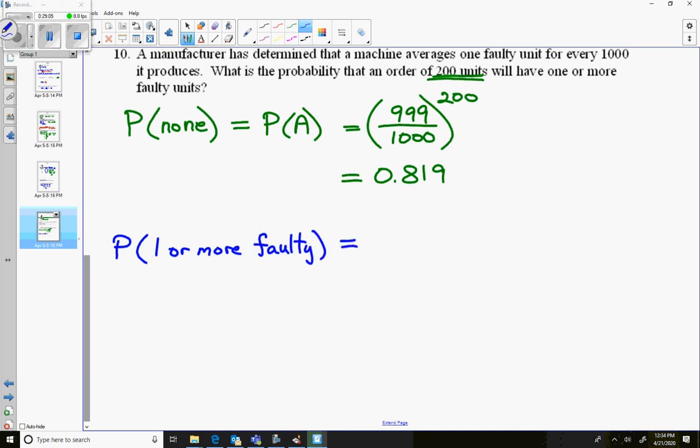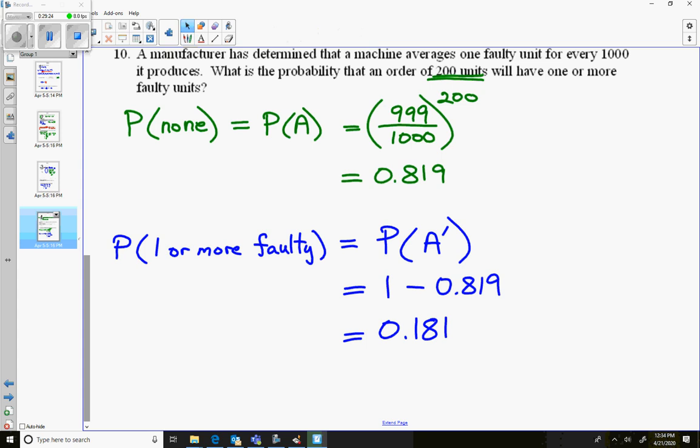Well, that would be the complement of our event A, which is simply 1 minus the 0.819, which gets us 0.181. Turned out to not be such a difficult problem after all. And that was chapter 0.7, the second one, our lesson in probability.